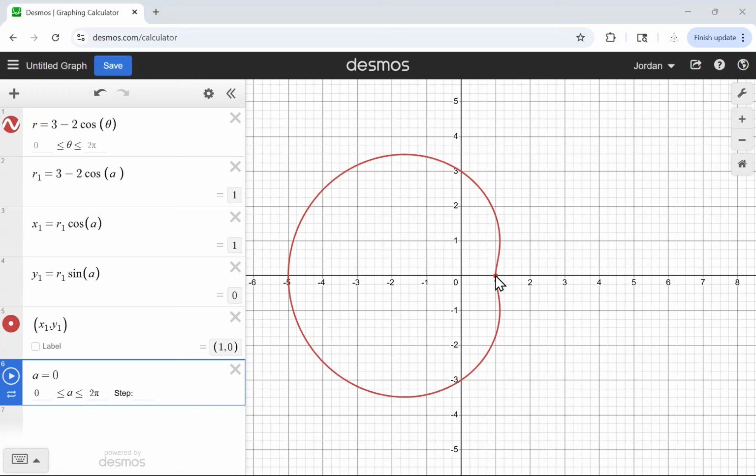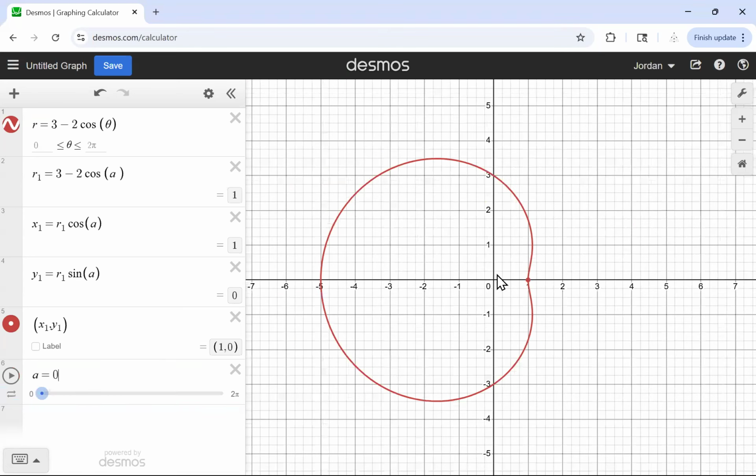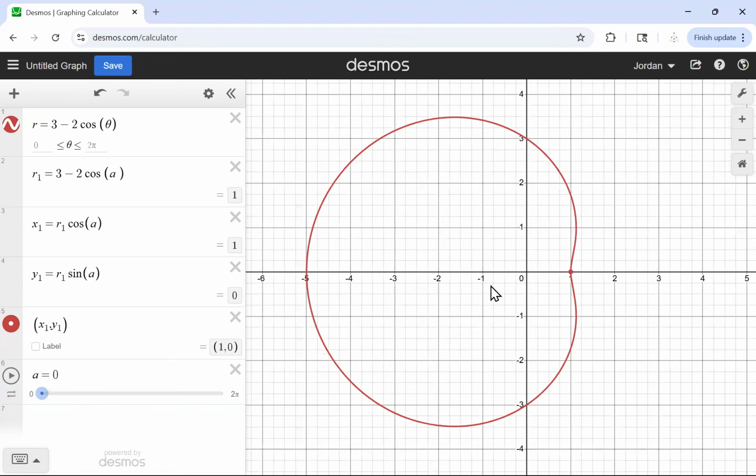Now, this one is probably easiest to do utilizing your trace key. So I have 3 minus 2 times cosine theta graphed out. Notice that when theta equals 0, I'm going to be at the rectangular point (1, 0). That would be an r of 1 if we're thinking about polar coordinates.